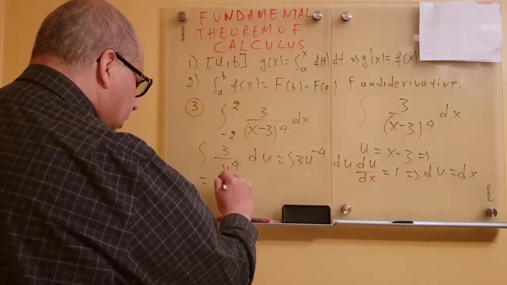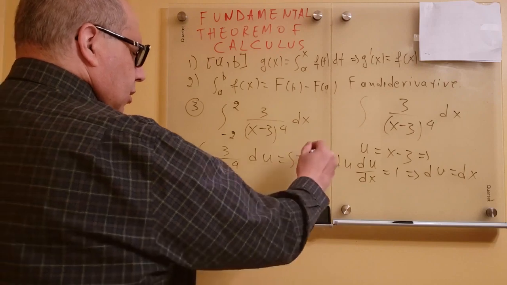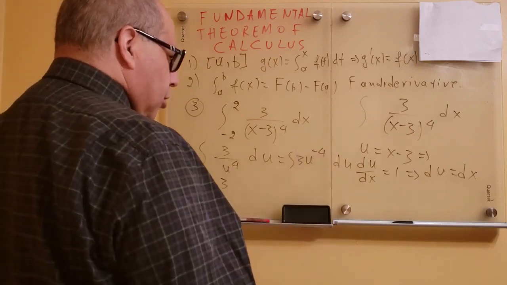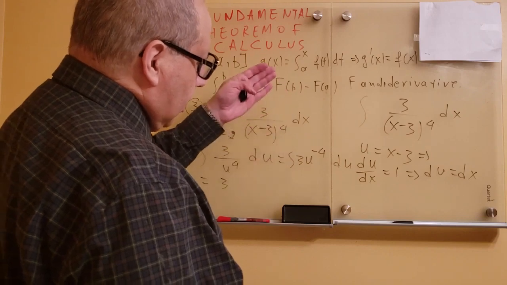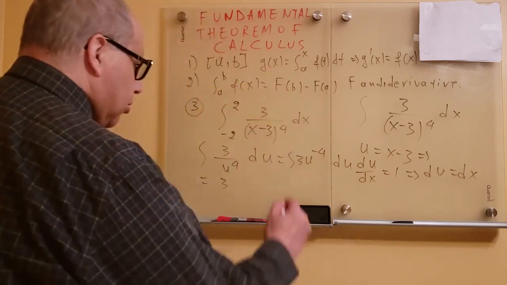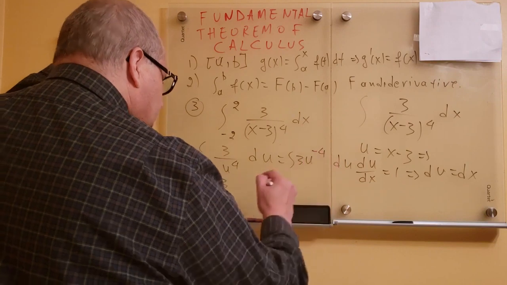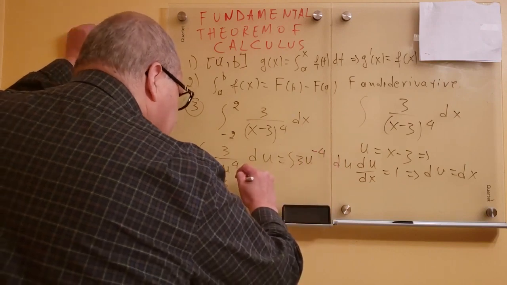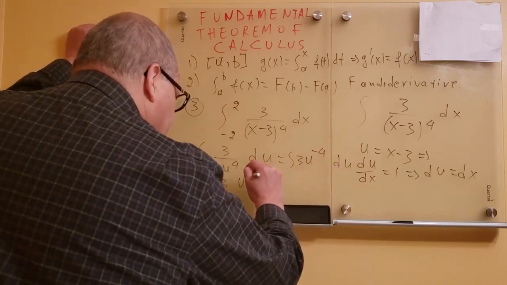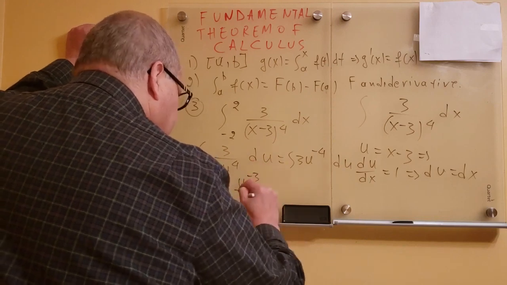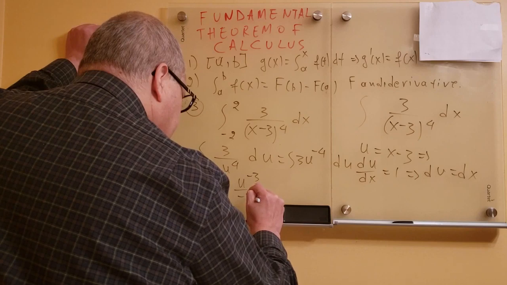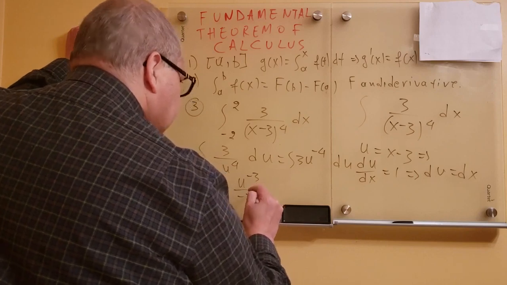The integral of this is 3, and here we're using the formula that the integral of x to the n is equal with x to the n plus 1 over n plus 1. So the integral of u to the minus 4 will be u to the minus 4 plus 1, so that's u to the minus 3, over minus 4 plus 1, so it's minus 3.